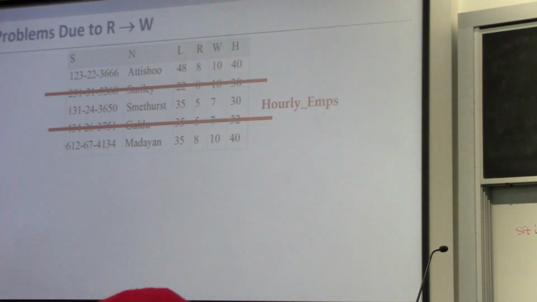Because it's perfectly okay to have records with the same value on rating, and they have other attributes that may have the same values, such as wage, and some other attributes that may not have the same value, such as name. So rating obviously is not a key. It's not even a super key. But it doesn't prevent you from having that dependency of R determining W. Okay, so that's the relationship to the keys. All right.